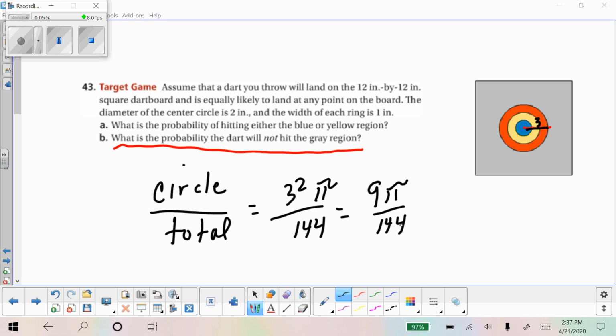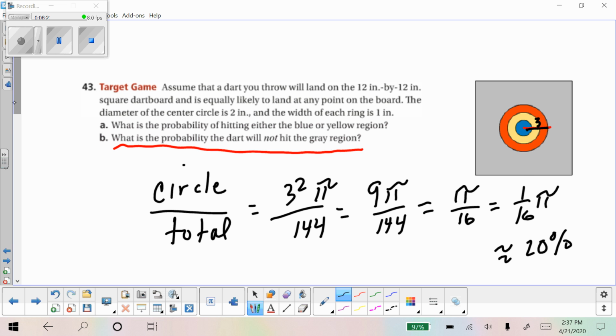Maybe simplify it a little bit. 9 goes into 144 sixteen times, so it's pi over 16. It's about 20% if you're rounding it to a whole percent.